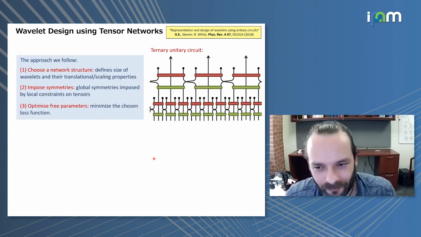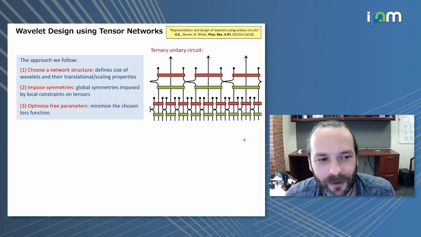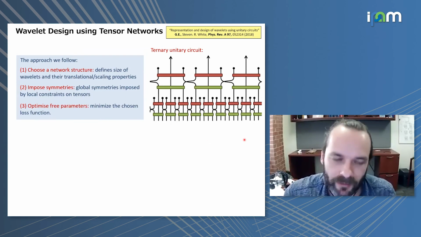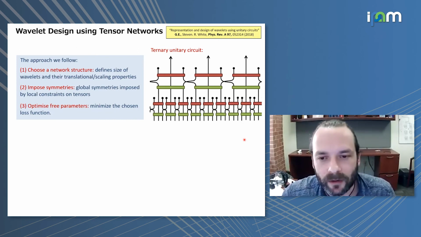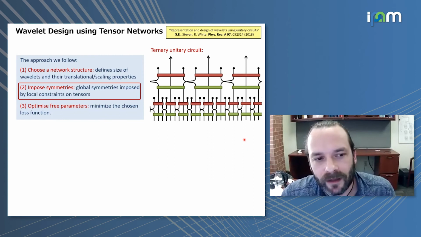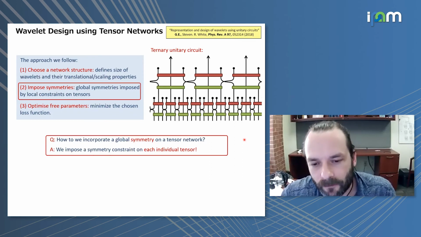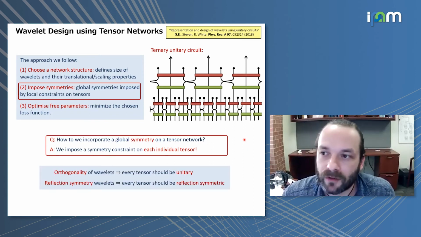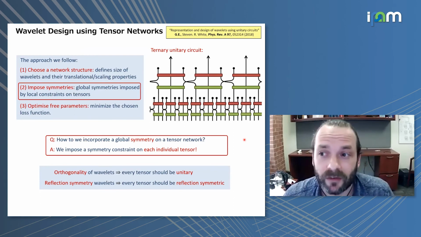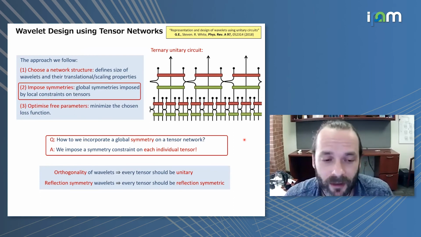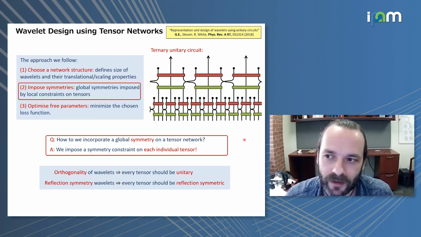Okay, so we've chosen the geometry of our network. The next thing we want to do is impose symmetries on our network. We want a wavelet transformation that is orthogonal, so all wavelets are orthogonal to all other wavelets. We want wavelets which have reflection symmetry as well. These turn out to be very important for practical applications.